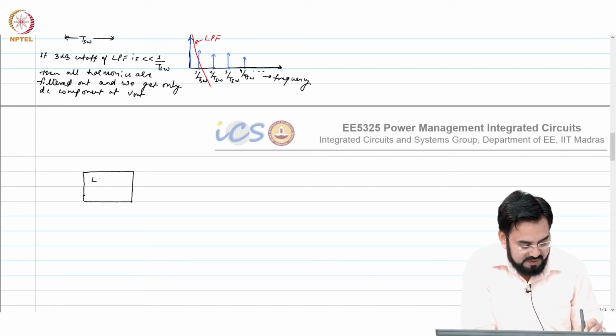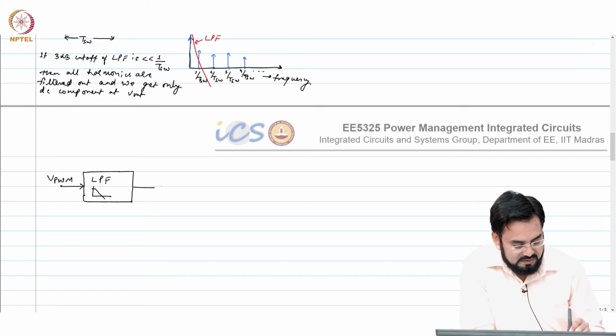Okay, which means if this is your LPF, which will have something like this, this is your PWM signal and this is V out.